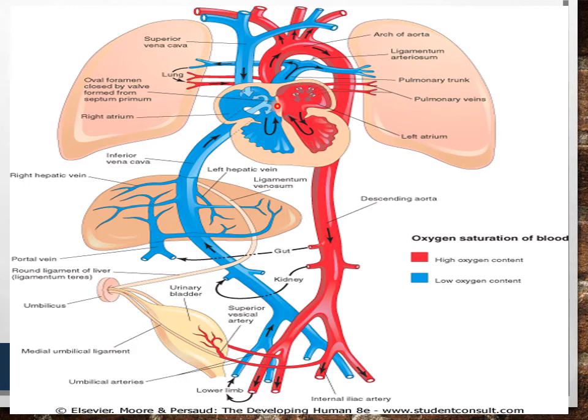Then there is the closure of the foramen ovale here in this area, which you can see. There is the ductus arteriosus, which is also becoming fibrosed as ligamentum arteriosum. The circulation towards the lungs is increasing because of decrease in vascular resistance.